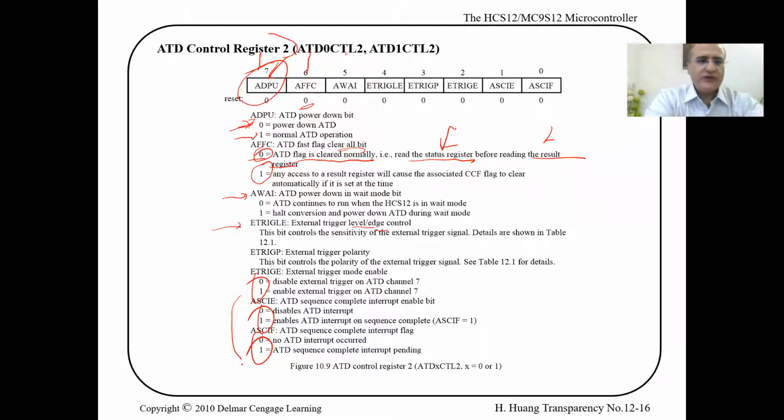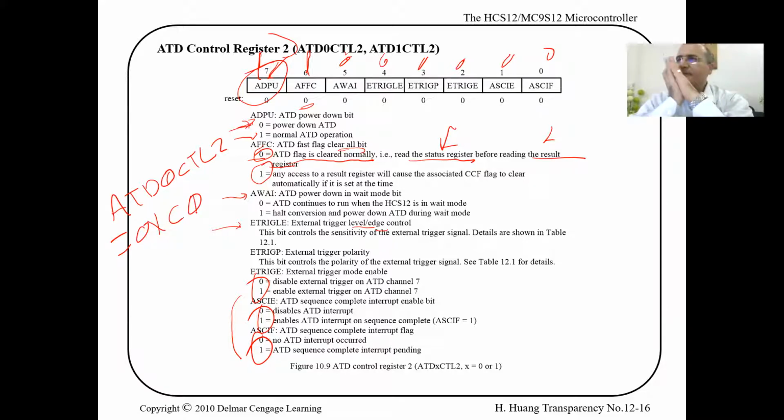So when we do A to D0, control register 2 is going to be 1, 1, 0, 0, 0, 0, 0, 0. So this will be 0xC0.